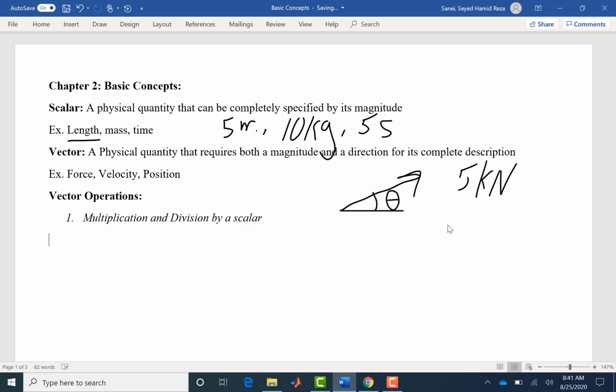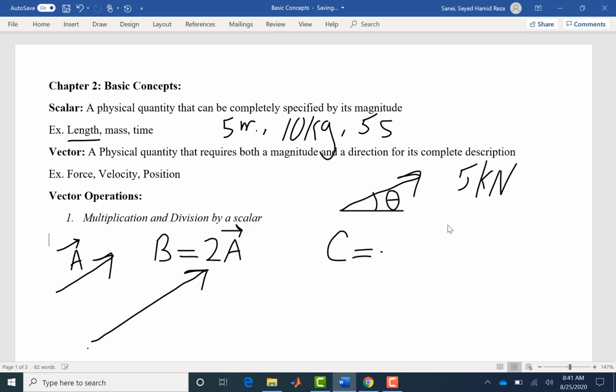First one, multiplication and division by a scalar. So if you have a vector A, and if I want to find vector B, which is 2A, I'm going to multiply by 2. 2 is a number, so I'm just going to multiply by a scalar. Just the magnitude changes, so B would be twice as A in the same direction.